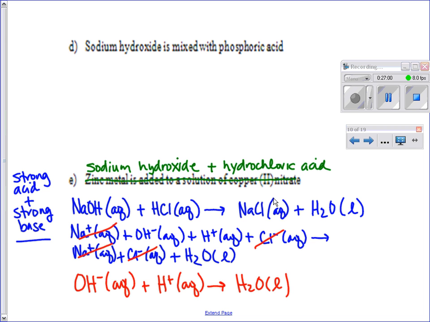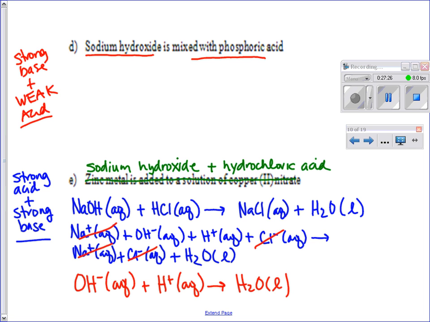But I'll show you where it's going to bite you. And it's going to bite you up here. Here, what are we mixing? Strong base with what? A weak acid. Here's the deal. Because this is a weak acid, you cannot just say, oh, H plus OH makes H2O. You can't. Okay?